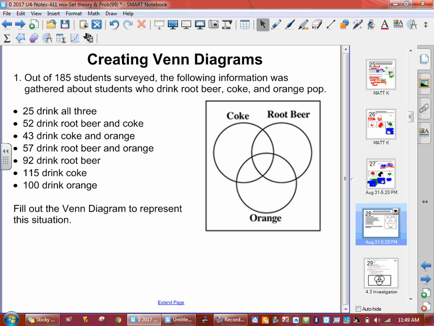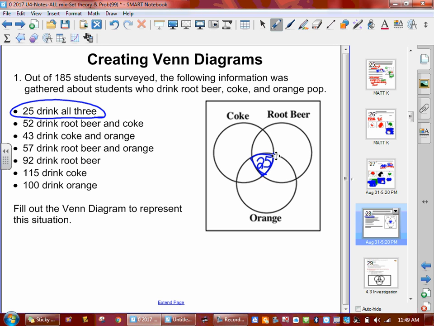So we always start with our first region, the triple overlap, if we have one. So if they tell it to us, this one did, it said 25 people drink all 3 flavors. So we know our middle already, 25. Then it says, this is how we're going to draw our lines. So it says 52 root beer and Coke.